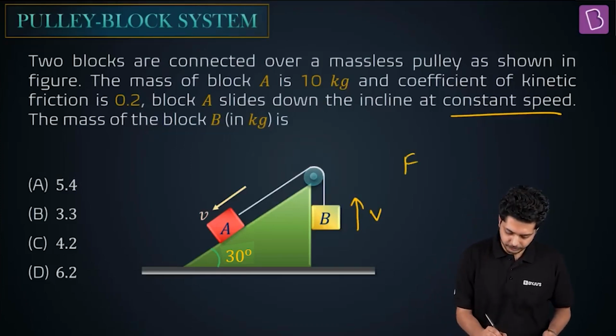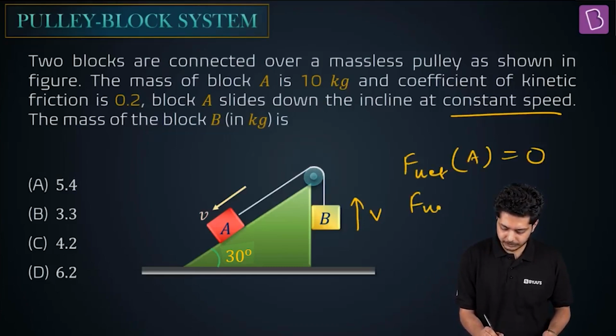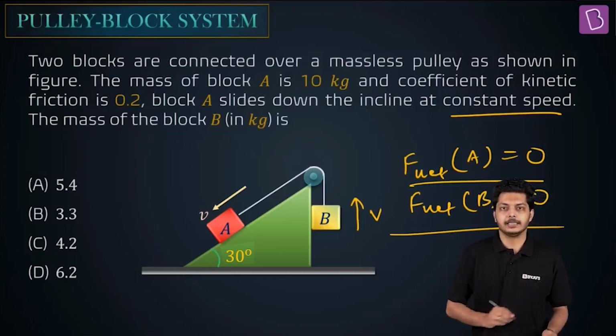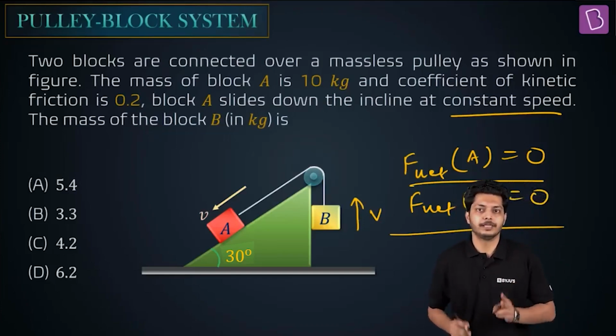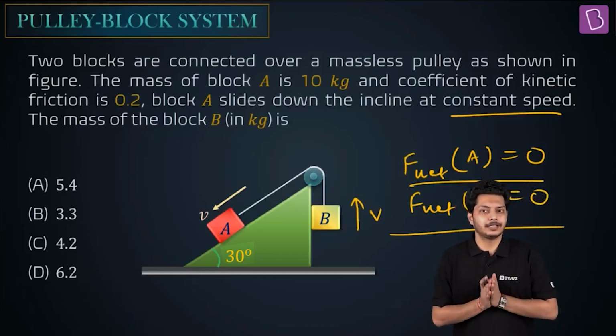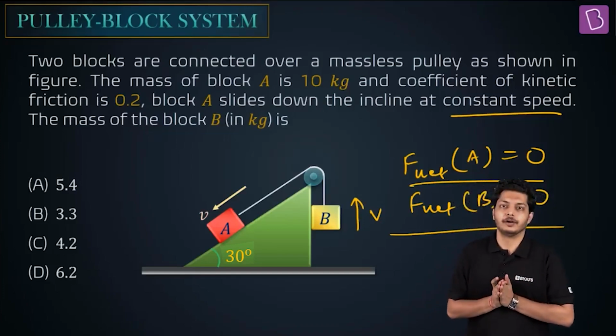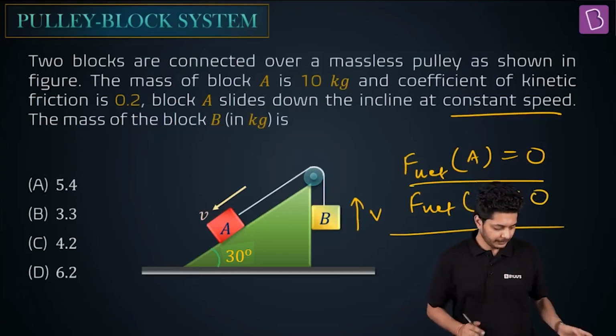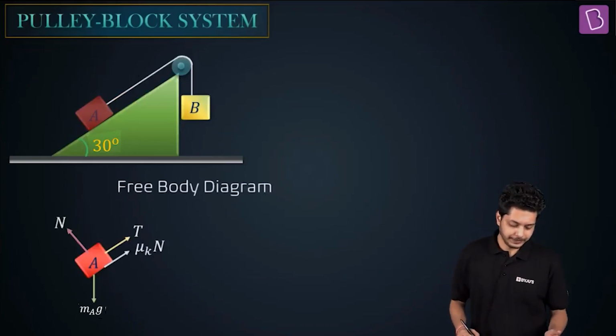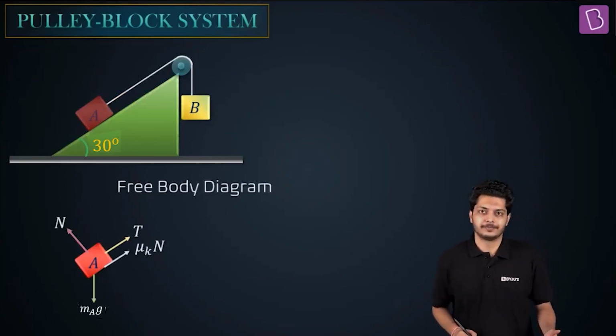Net force on A should be 0, and net force on B should be 0. These are the two equations we have to frame and calculate the mass of block B. But for that, we have to draw the free body diagrams.